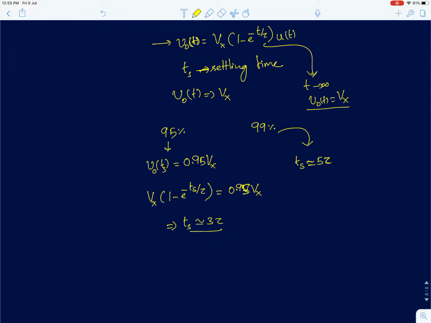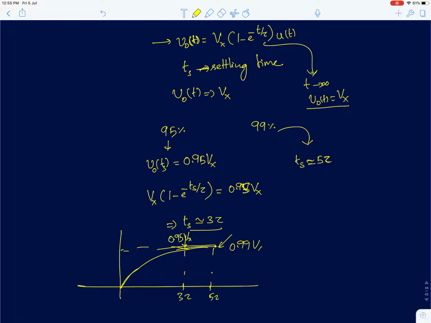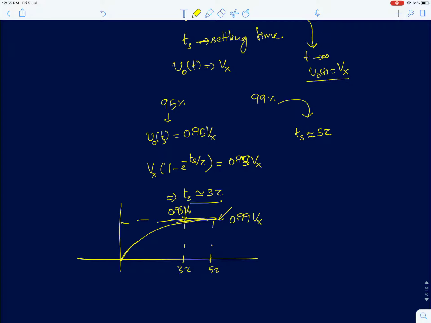So when you mention settling time, you also mention the percentage settling. At 3 time constants, the output reaches 0.95 of Vx, and at 5 time constants, it reaches 99% of its final settled value.